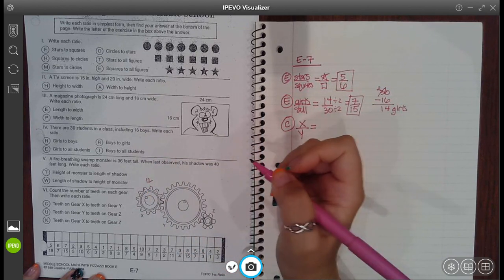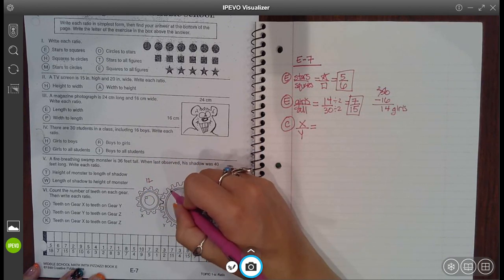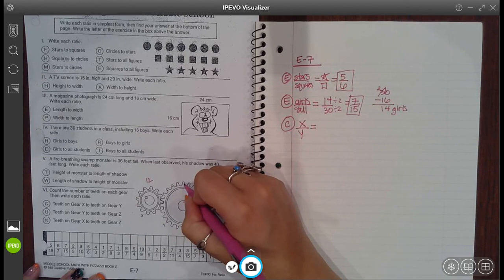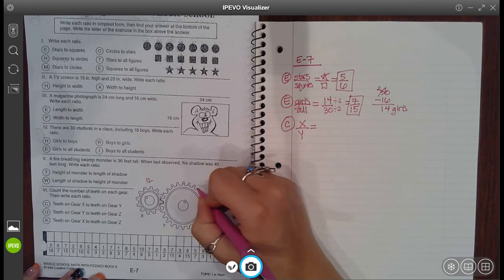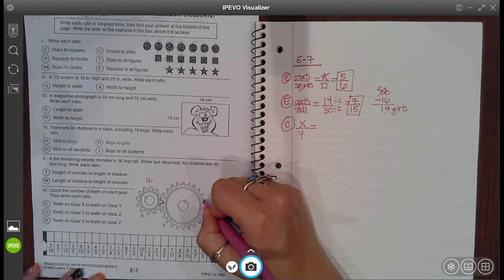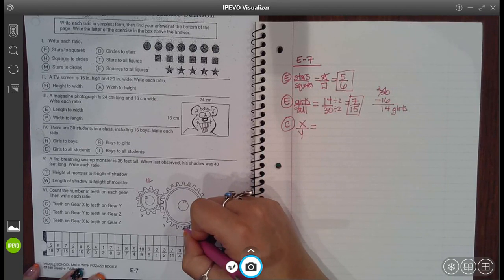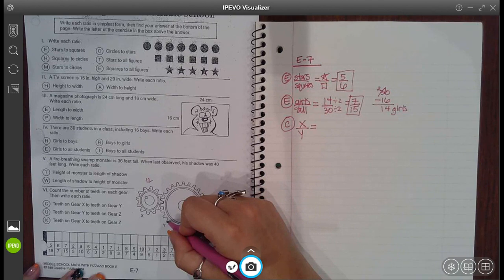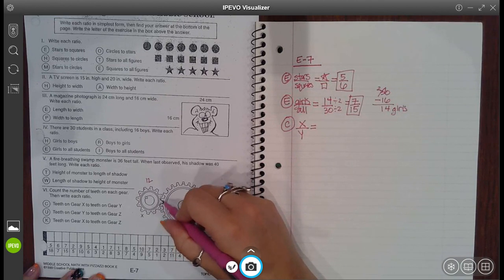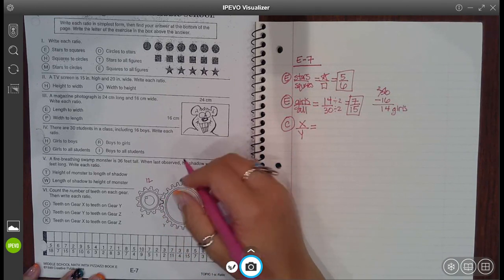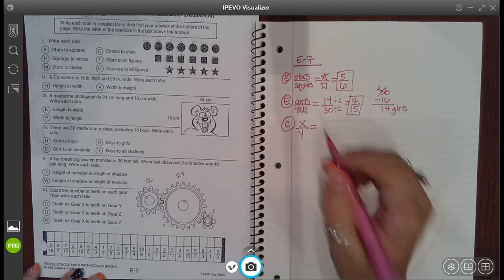So there's 12 on X, and how many on Y? 1, 2, 3, up to 24. So there's 24 on Y.